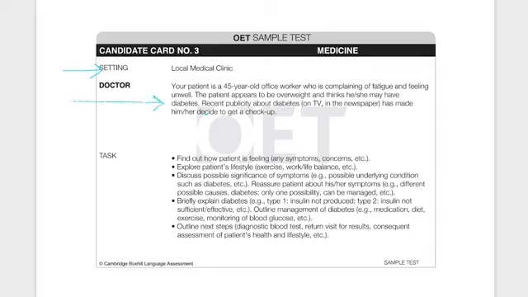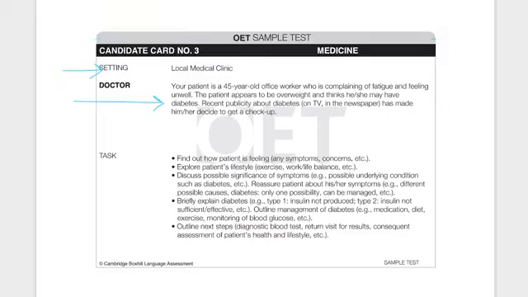It tells you about your patient, a 45-year-old office worker. They're feeling tired, they're feeling unwell. They appear to be overweight. They think they have diabetes, and they've decided to come in and get a checkup for diabetes. So this section should give you a good sense of what the situation is, what the context is, where you are, who you're speaking to.